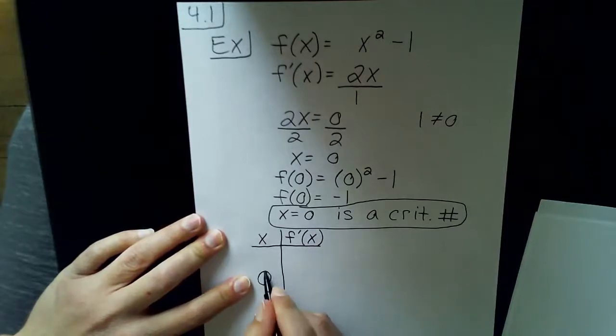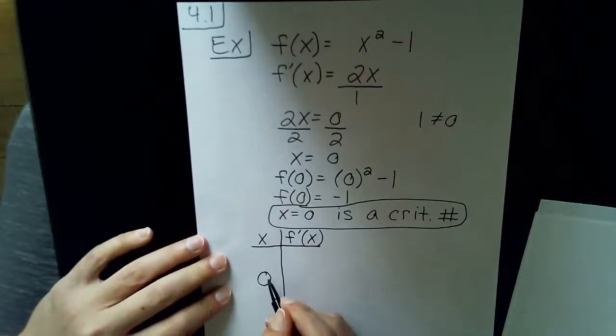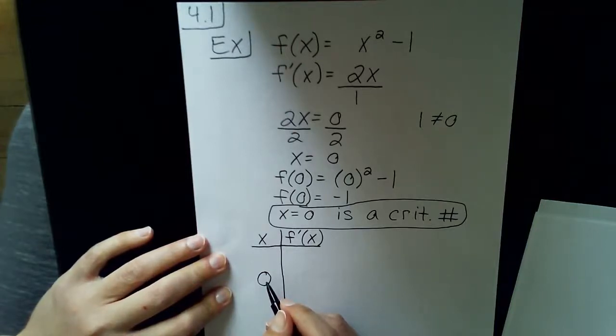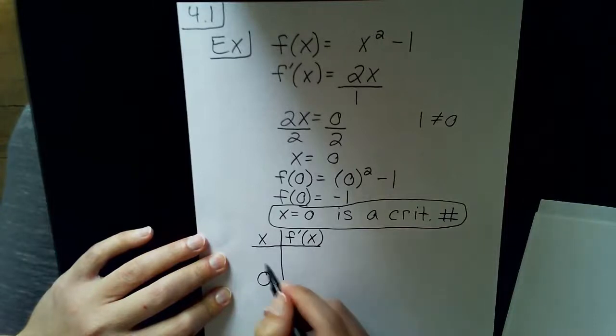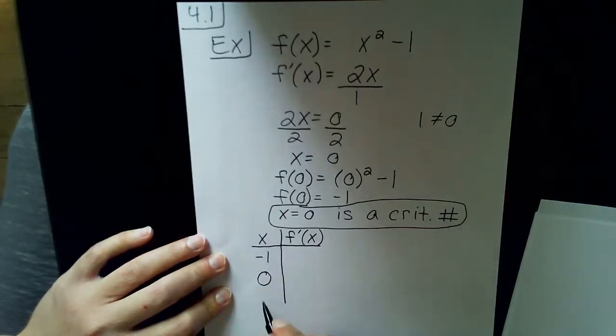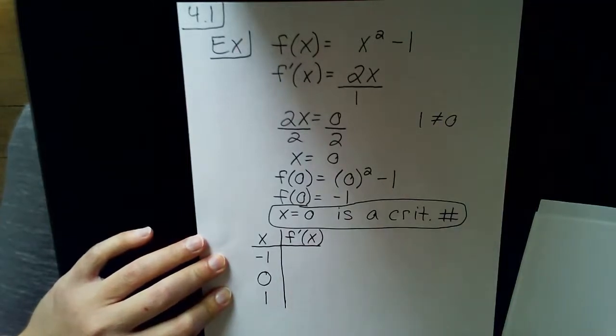And remember, the way this works is we take our partition number and we check a value to the left and to the right of it. So we're going to check negative 1 and positive 1 since they are to the left and right of x equals 0.